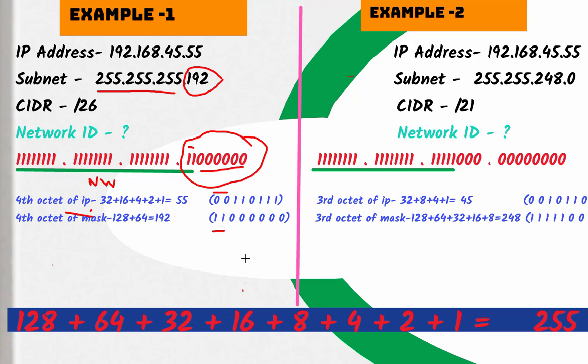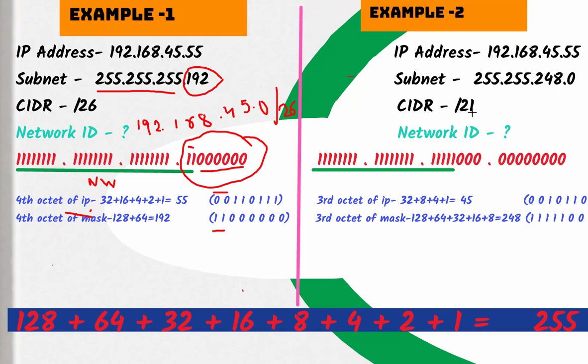So that means it is not common, right? So the network ID would be 192.168.45.0/26.